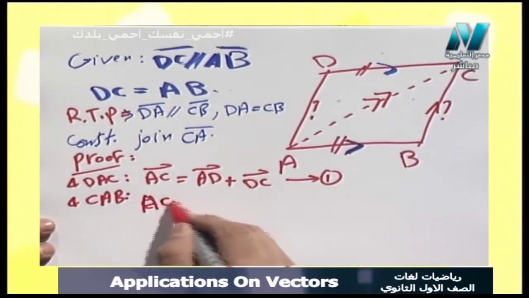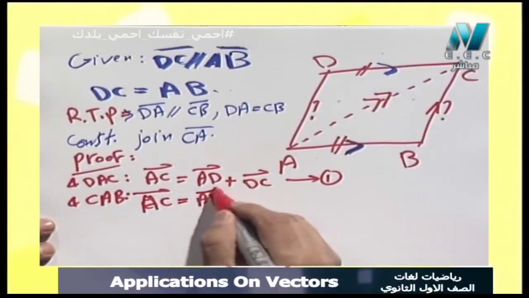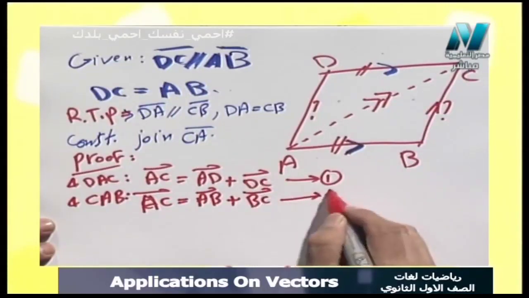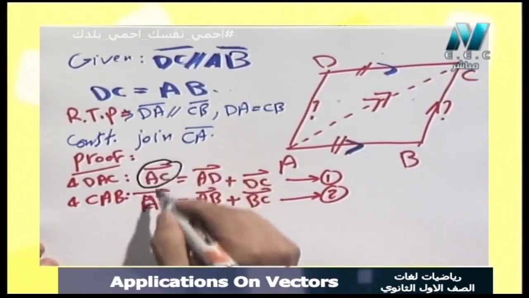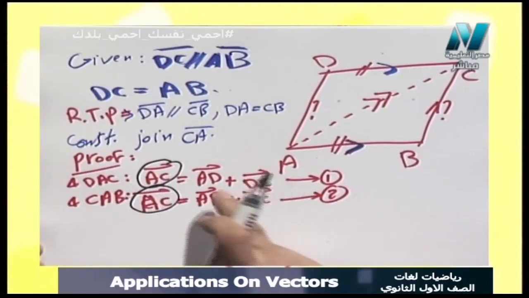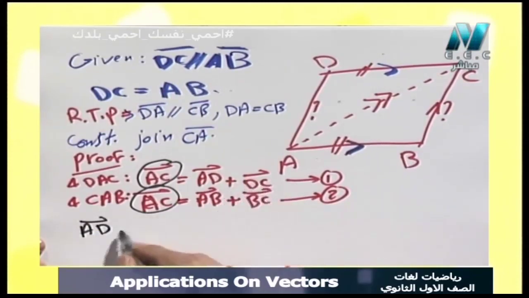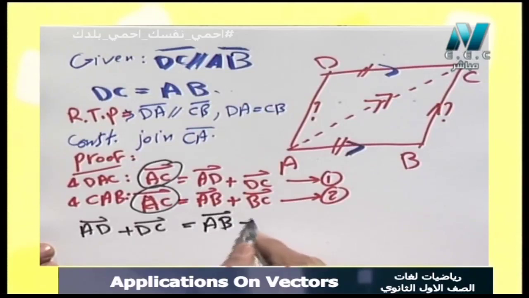So the vector AC equals the vector AB plus the vector BC. From 1 and 2, we will deduce that the left hand side is the same, so the right hand side, of course, equals the right hand side. So the vector AD plus the vector DC equals the vector AB plus the vector BC.